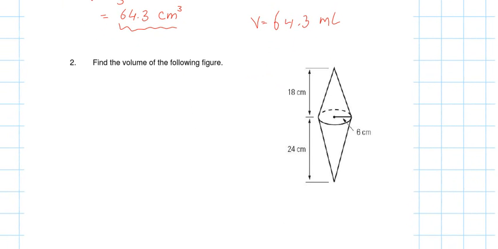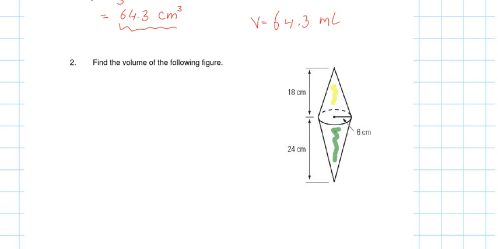Find one and then add it. So find the volume of the first one, find the volume of the second one, and then add them, because you're looking at the total volume. I can add them together because they're put together.